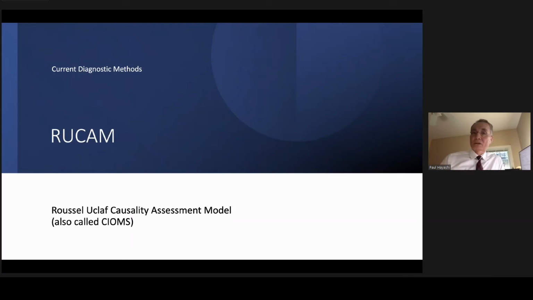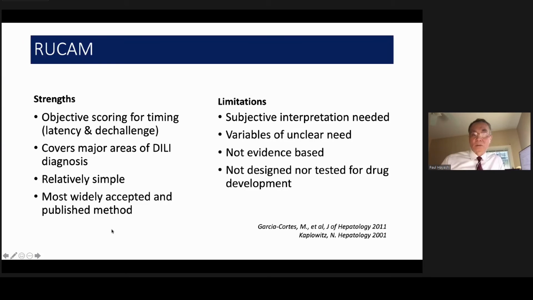It was not data-driven. It was basically their expert opinion of what a diagnostic tool should look like, the scoring system they came up with, and what kind of clinical information should be included. And it has done very well, but it is not perfect.